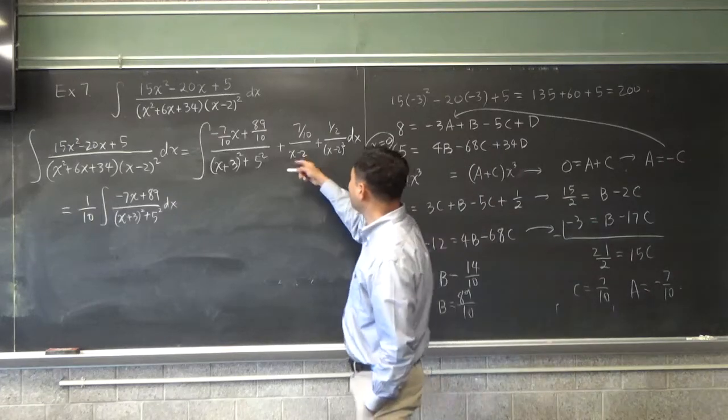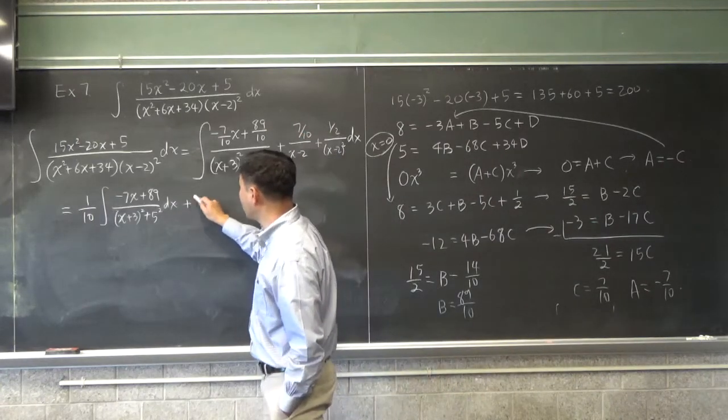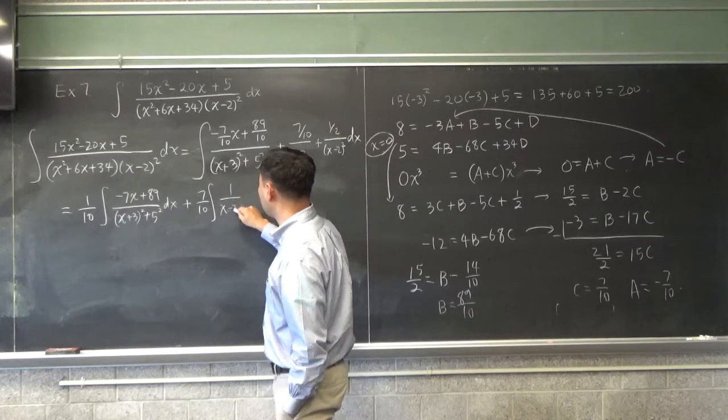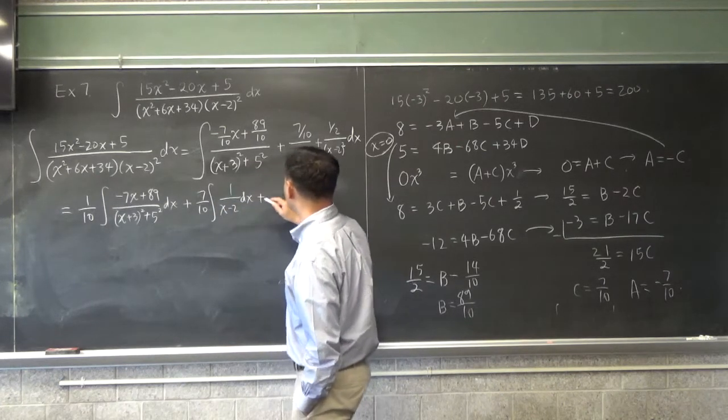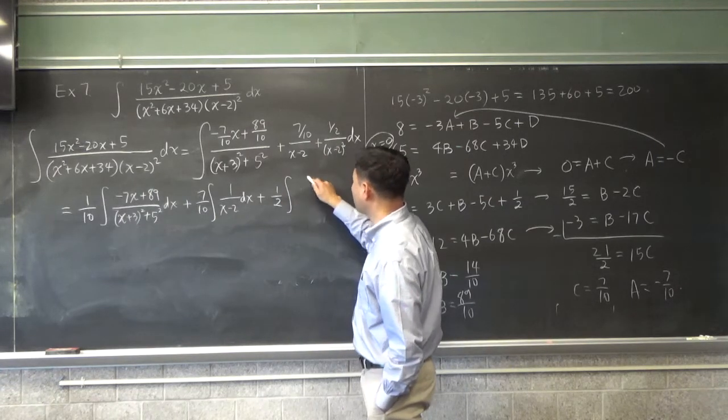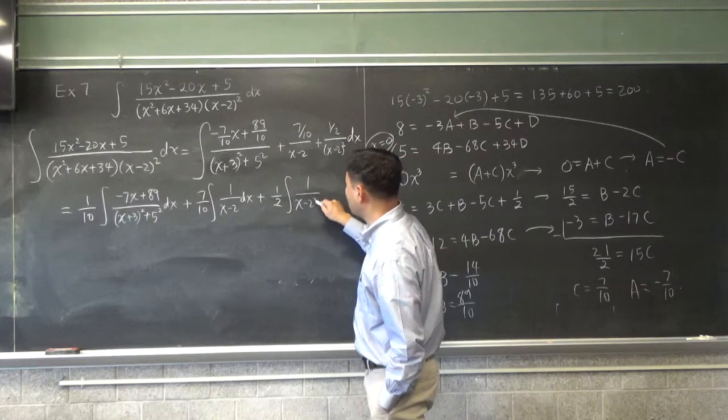And then you'll have to do the integral of 7 over 10, 1 over x minus 2 dx. And then the integral of 1/2 of 1 over (x minus 2) squared.